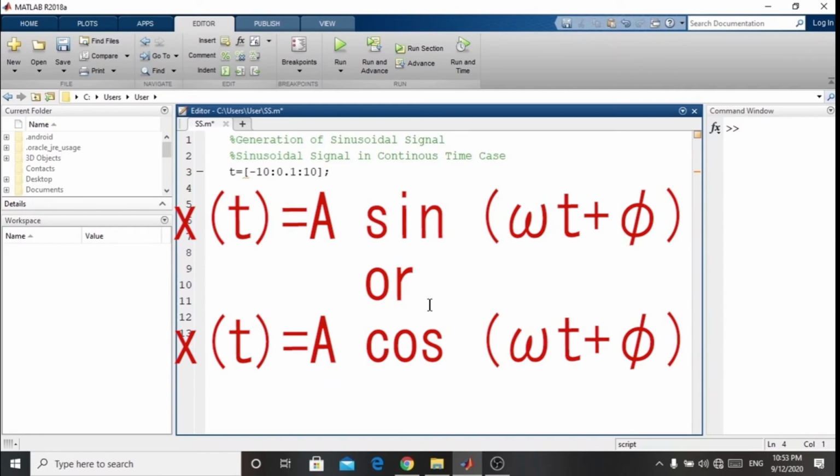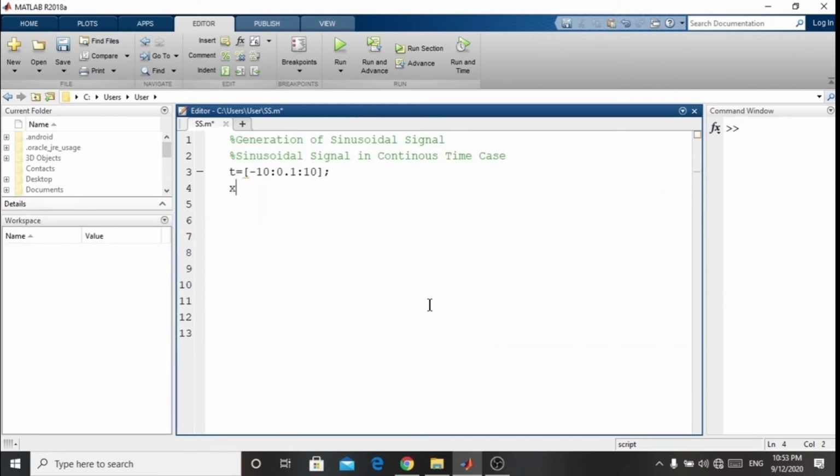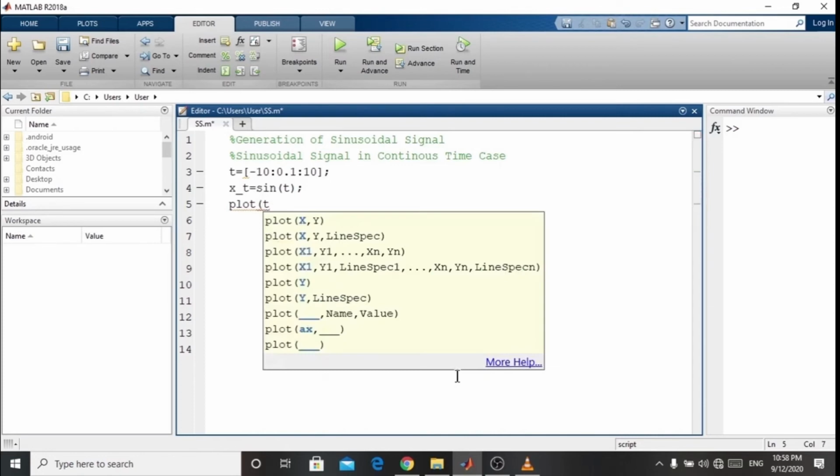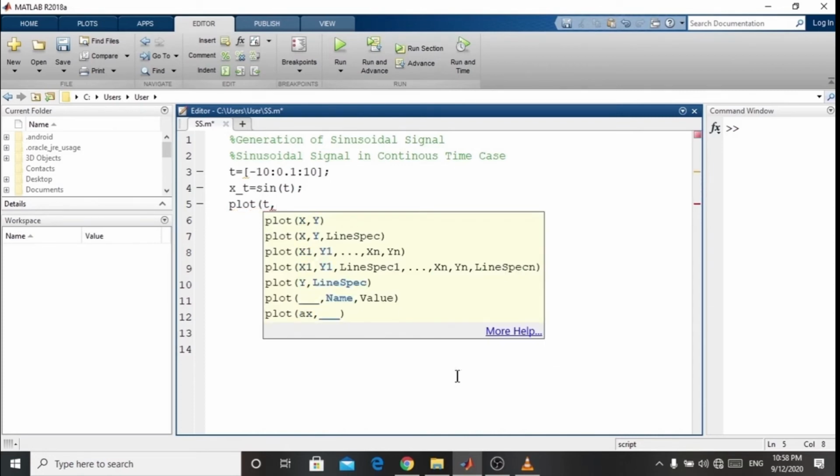So let's define it as x underscore t is equal to sine of t. In order to generate the sinusoidal signal in continuous time domain, we use the function plot. X-axis is t and y-axis is x underscore t.